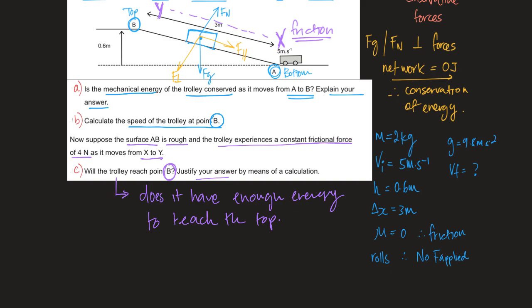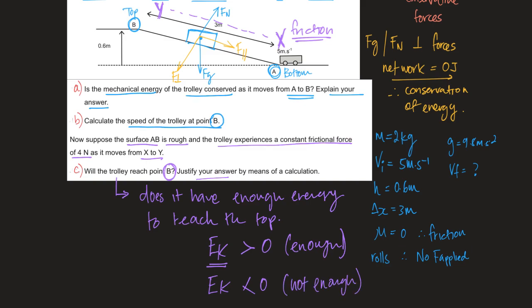If the value you're looking for is kinetic energy, which we should be looking for, then if the EK is greater than 0, we will have enough energy. If the EK is less than 0, then we will not have enough energy.